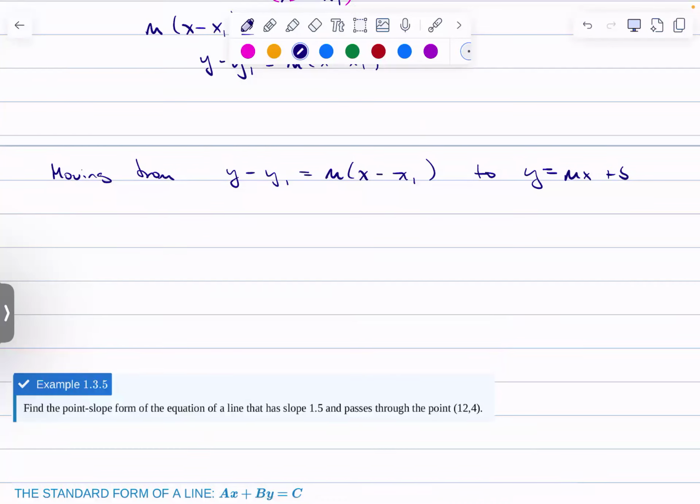We start here at y minus y1 is equal to m times x minus x1. I can add y1 to both sides so that I can have y on the left. So y is m times x minus x1 plus y1.